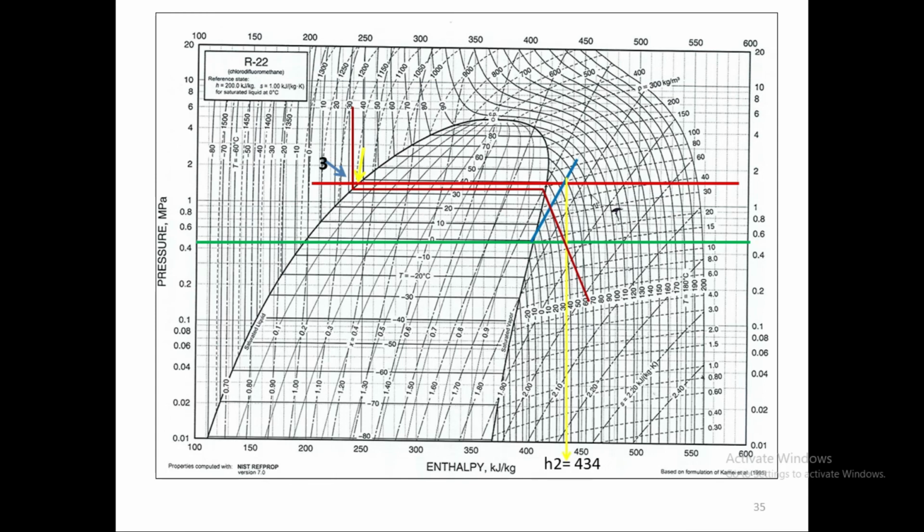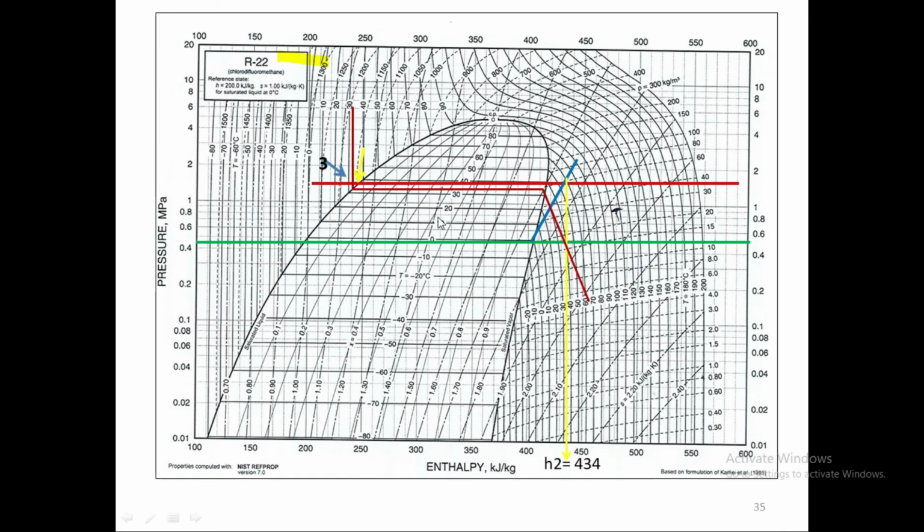I want to show you how to read the value H2 from the R22 graph. This is the R22 graph, okay, and this is our evaporator line at minus 4 degrees centigrade, approximately minus 4. The green line is at minus 4 degree centigrade saturation pressure.